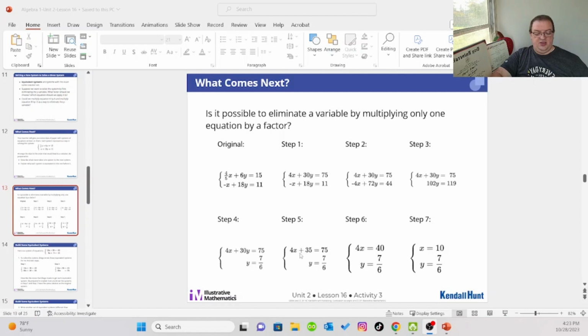Now we can see that we subtract 35 from both sides to end up with 4x equals 40. And finally, we can see that we divided both sides by 4 to get x equals 10. So on our last card, we actually have our answers: x equals 10, y equals 7/6.